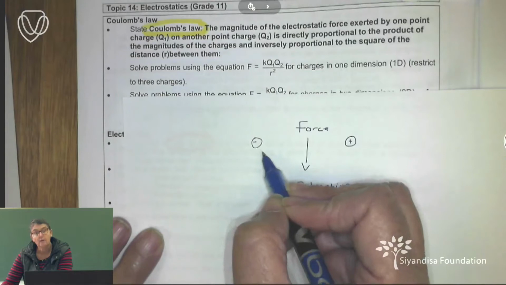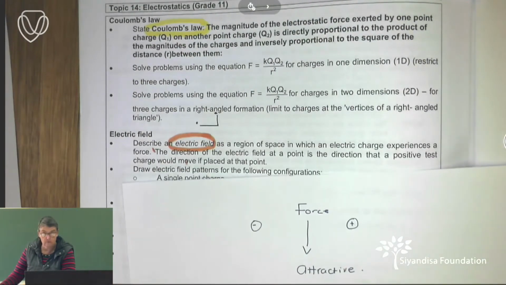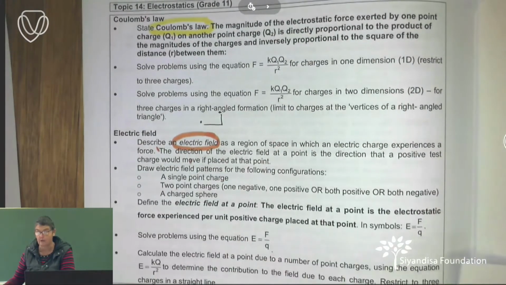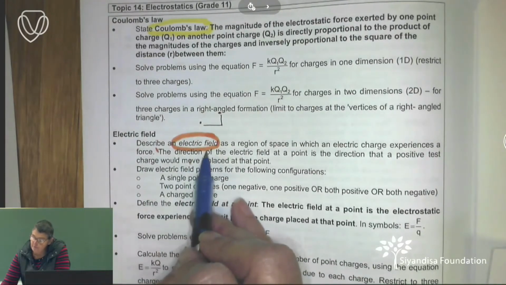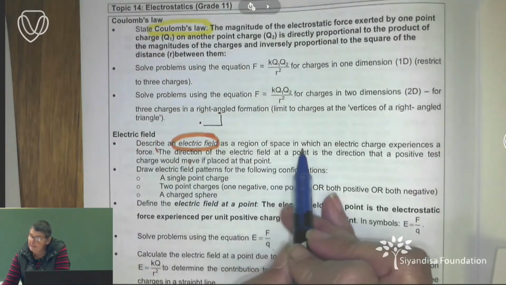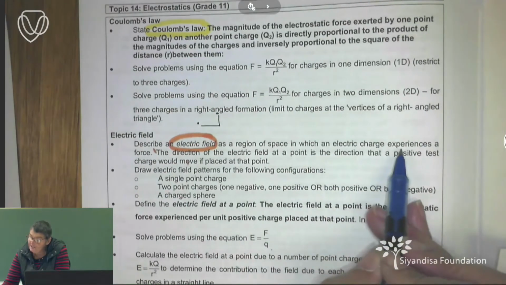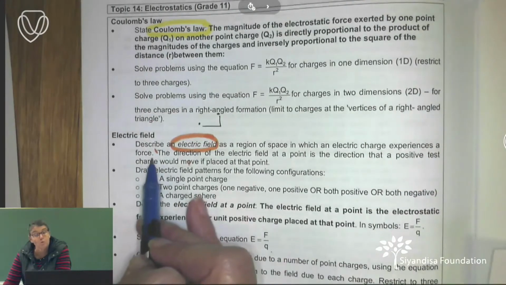Okay. Now we get to electric field. Please remember what I've just said about force here. I'm going to come back to this now. Now we get to electric field. Describe an electric field as a region in space in which an electric charge experiences a force.